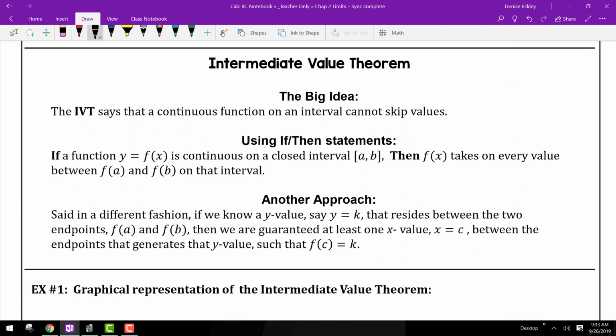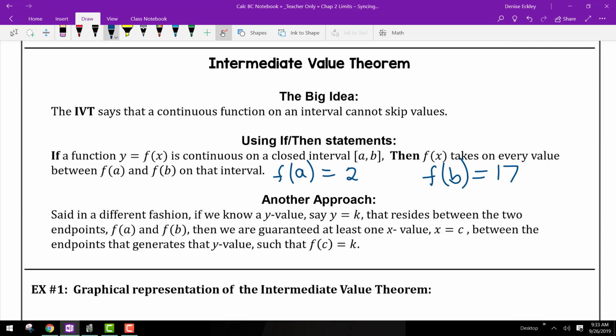So for instance, what this is saying is if f of a is 2 and f of b is 17, then f of x can have any value and every value in between 2 and 17 because it's continuous.